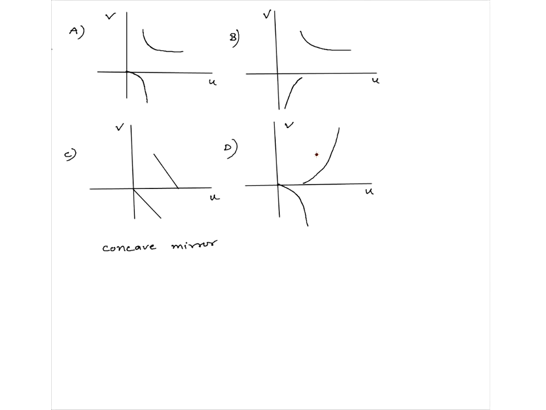When object is at infinity, rays go to the focus. So from the principle of reversibility, if you keep something at focus, then rays should go to infinity. So how come if U is 0, V is becoming infinity, minus side of course.